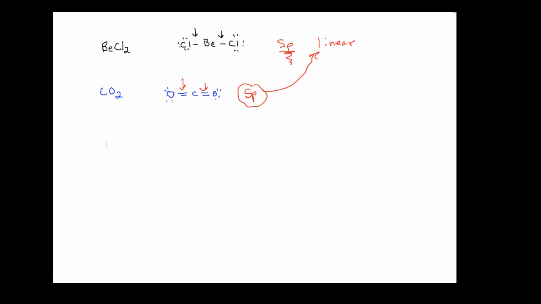All right, now let's add another atom into the game here. So instead of only having 2 things attached to the central atom, now we'll have 3. All right, and boron is another example of an atom which can violate the octet rule. So what we're going to have for this will be this Lewis formula, where the central atom only has 6 electrons around it.